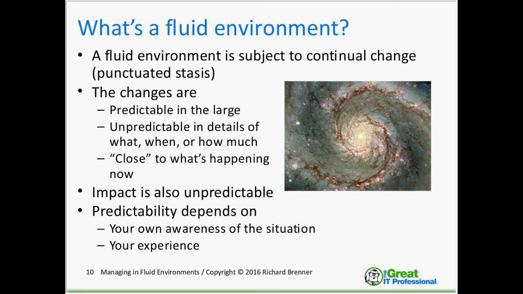For example, you can expect that some of your team will be reassigned at some point, but not know who it will be or when it will happen. It always seems to be at the worst time, but it's really unpredictable.